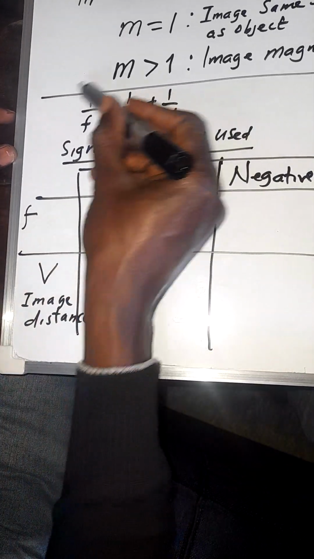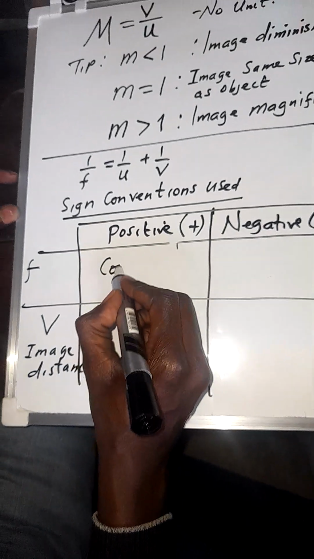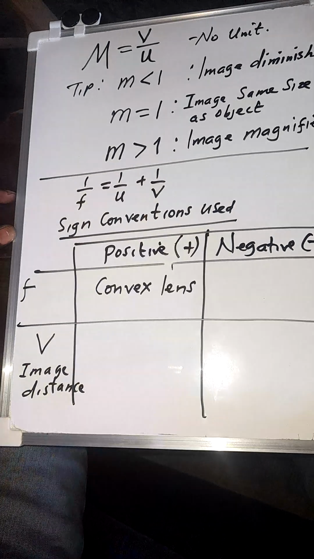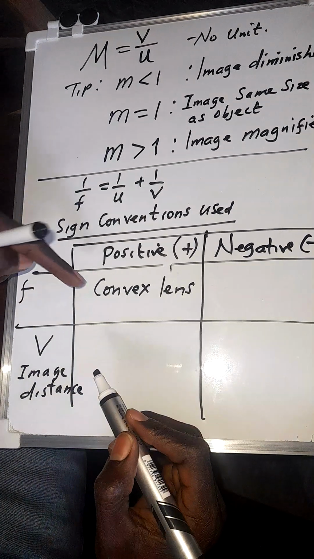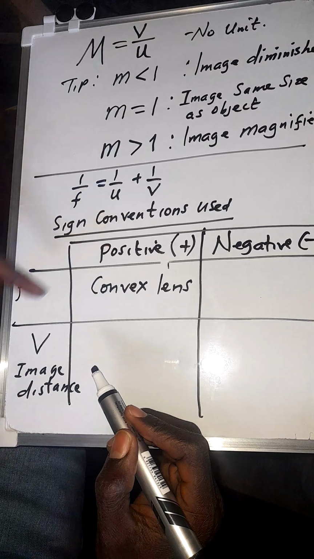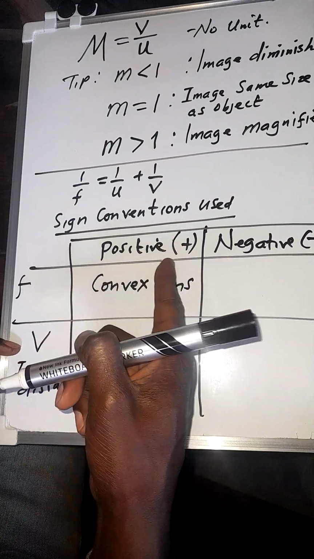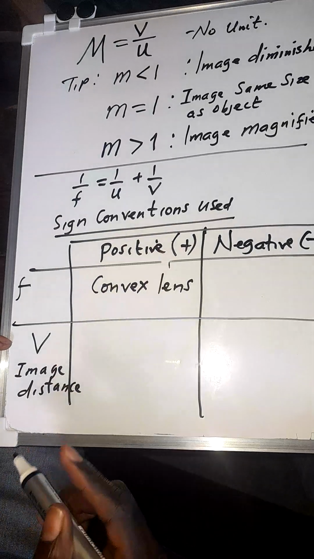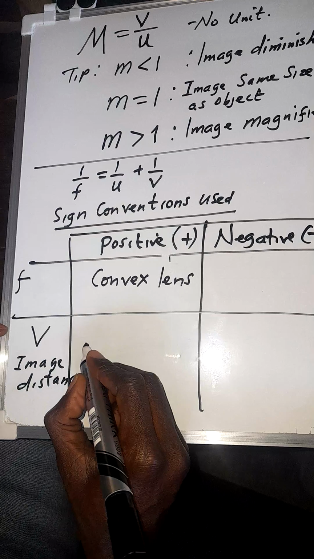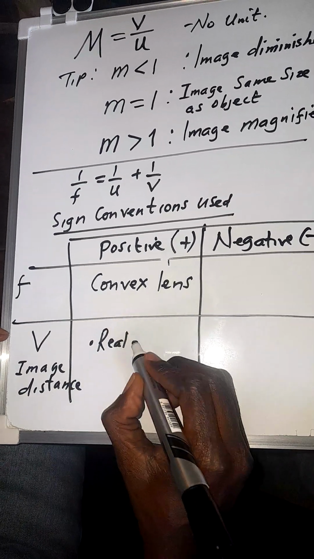Now, when you are using this formula for a convex lens, when applying this lens equation, you're going to find that the focal length will give you positive. The image distance is always supposed to give you, again, positive. Now, when it gives you positive for a convex lens, it simply means that the image that has been formed is actually a real image.